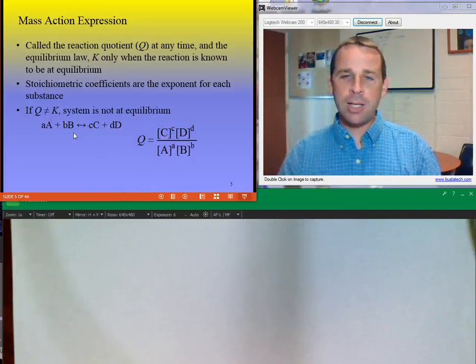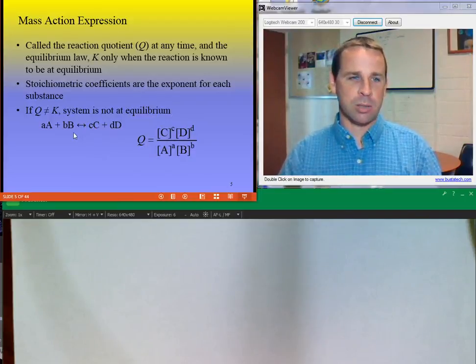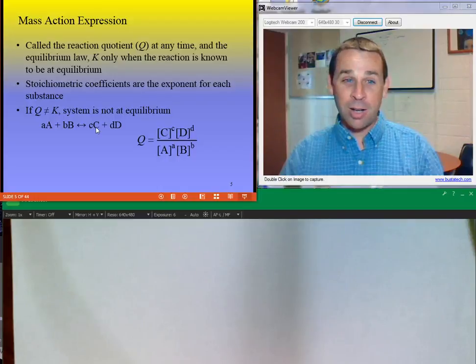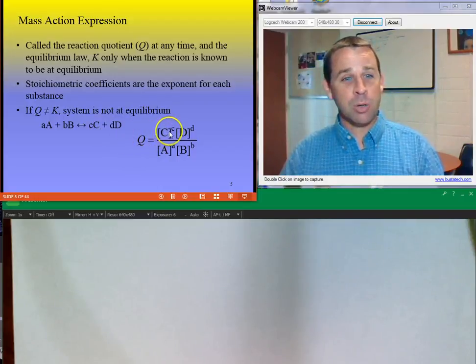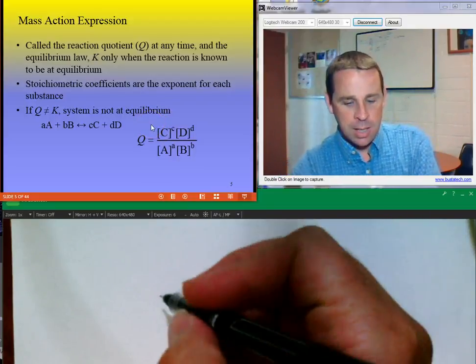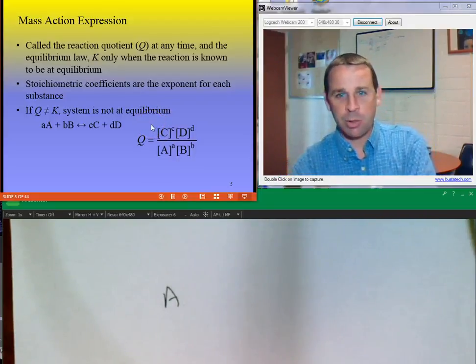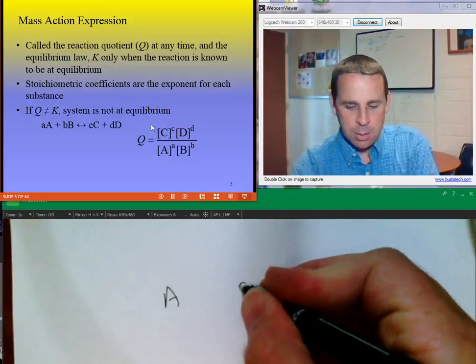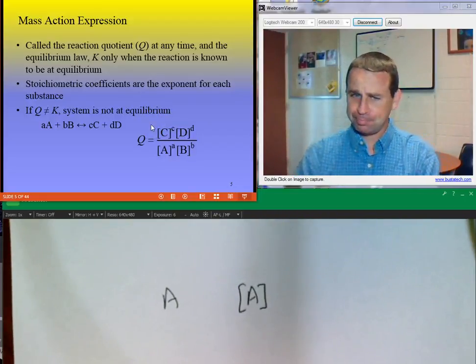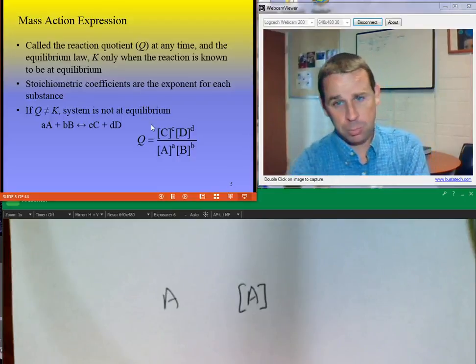And the quotient for any given equilibrium expression is the product's concentration, and we show that by putting the chemical formula for the chemical inside brackets. So when I say A, that's the chemical A, and when I say A in brackets like this, that's the concentration of A, meaning usually in molar concentration.